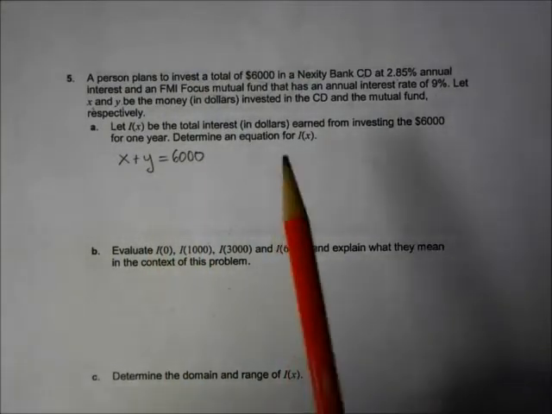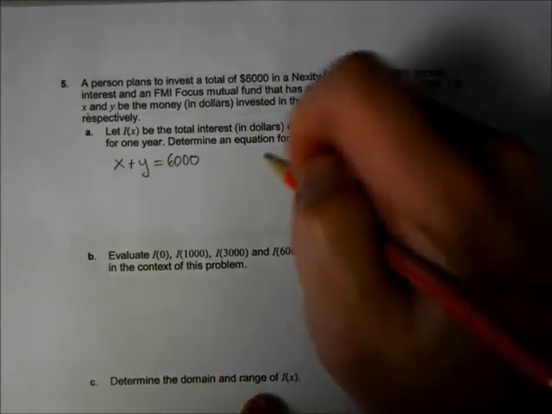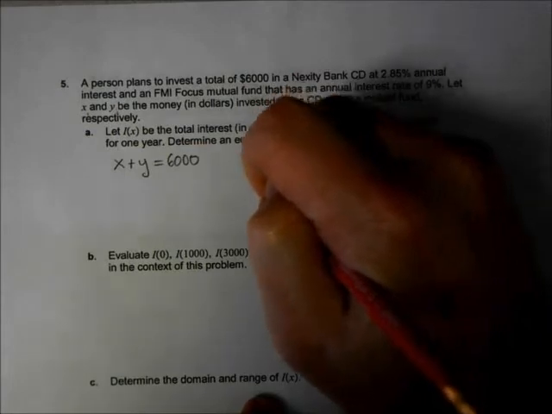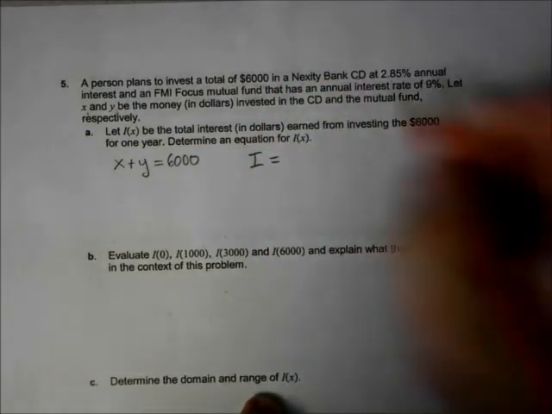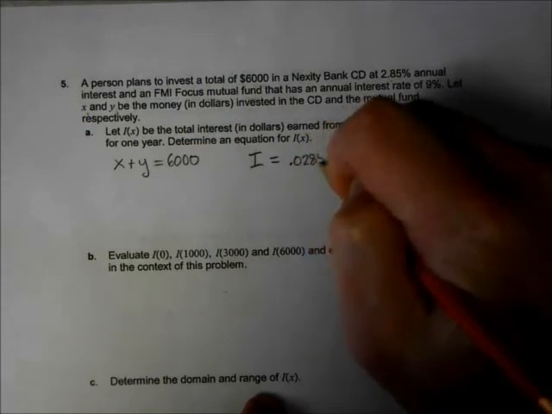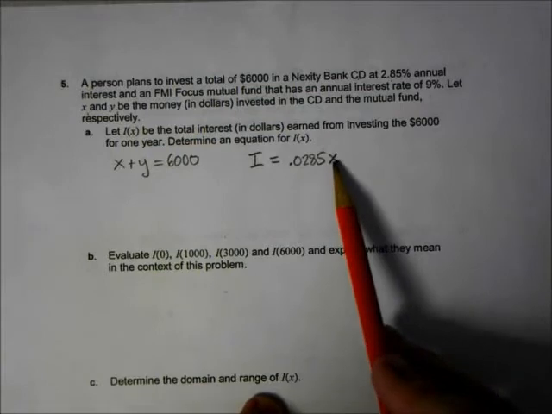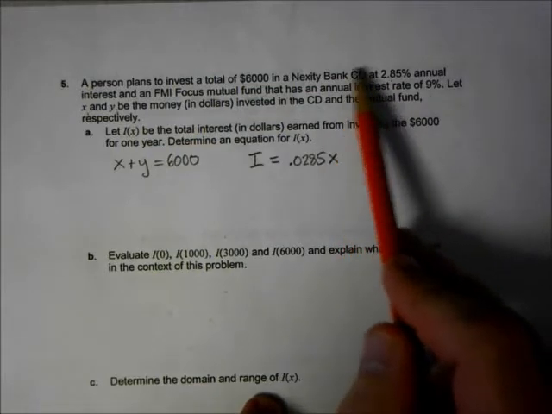Then they want us to find a formula for interest. So interest would be 0.0285x. That would be the amount of interest I earned from the first account, the interest from the CD.